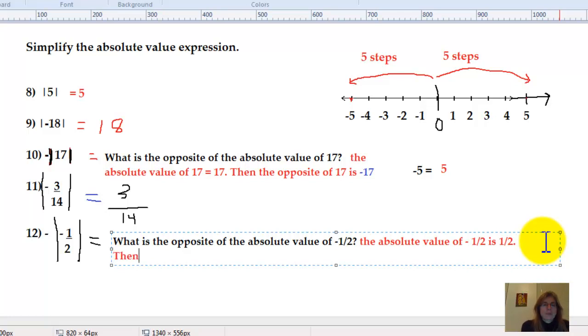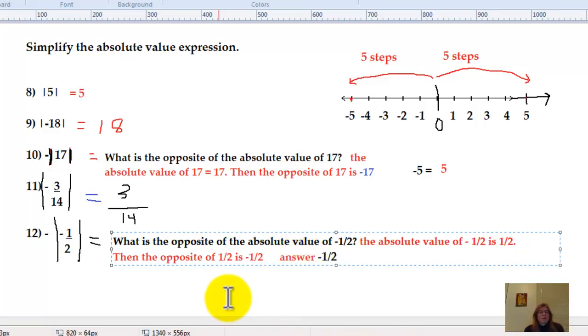Then the opposite of 1/2 is negative 1/2. So the answer, negative 1/2 for number 12.